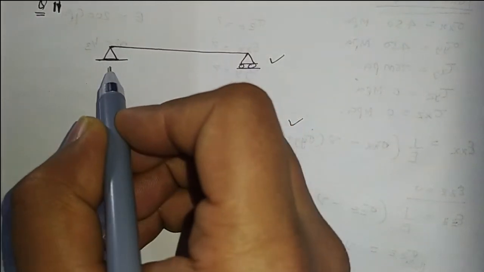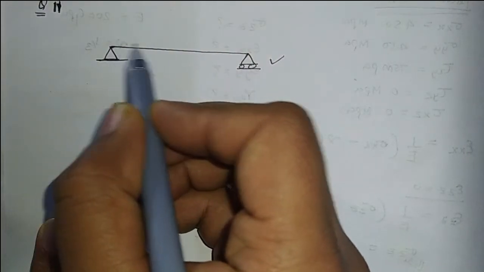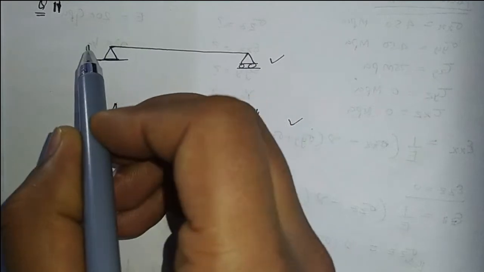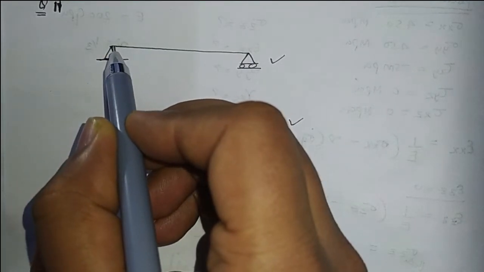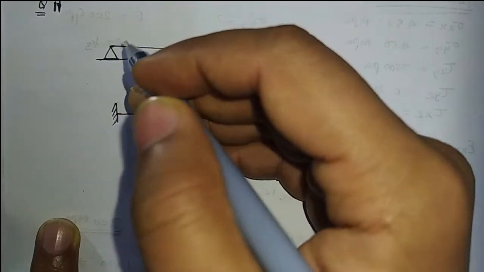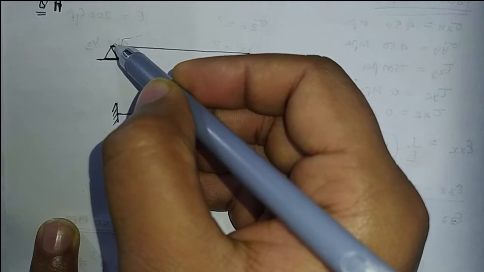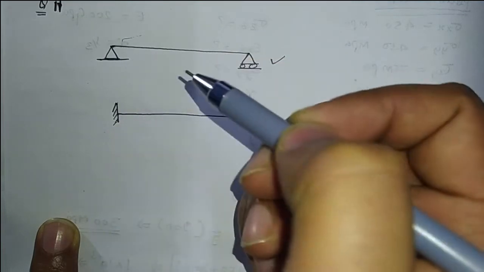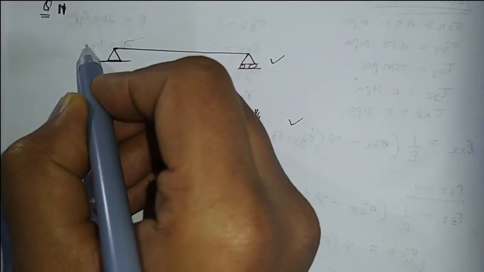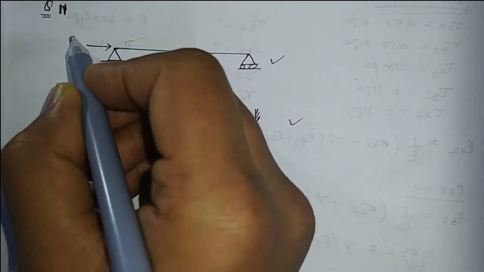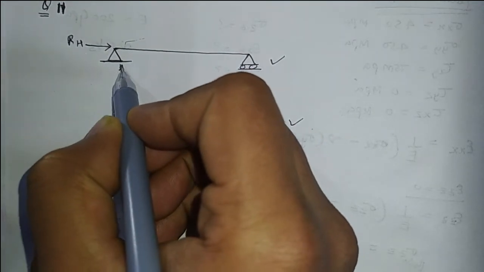As we know, the hinge support restricts the movement of the beam in the vertical direction as well as in the horizontal direction, but it does not resist any movement about the hinge point. Any rotational movement it does not resist. So there will be a horizontal reaction and there will be a vertical reaction.